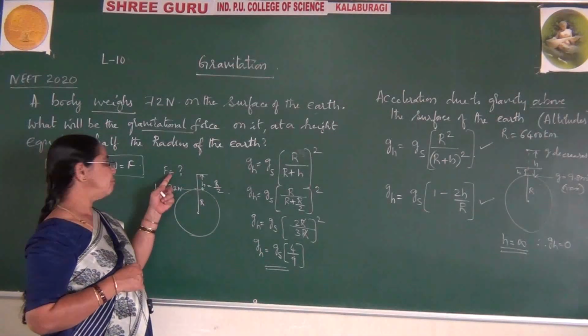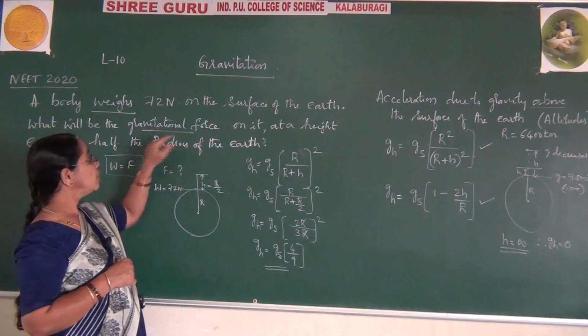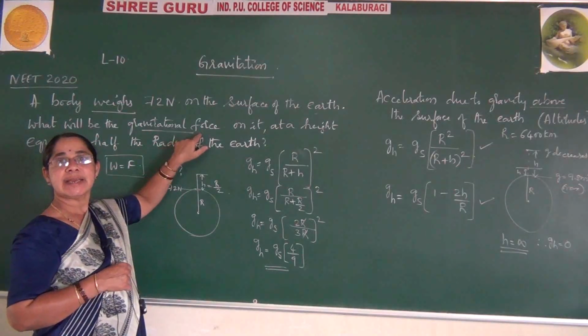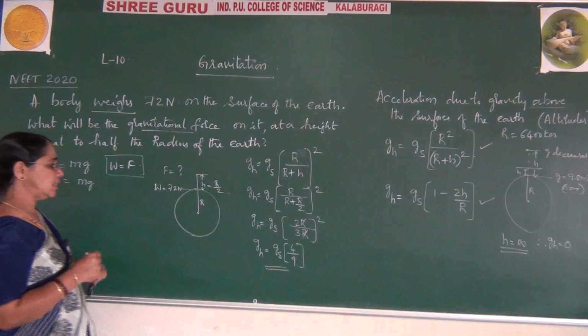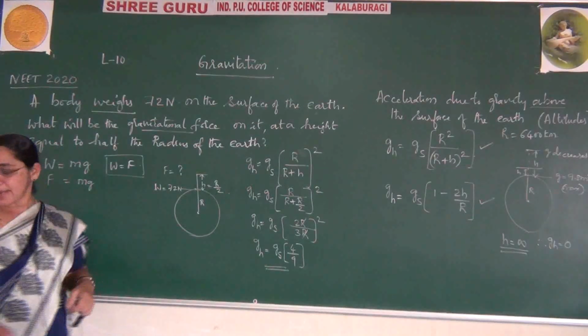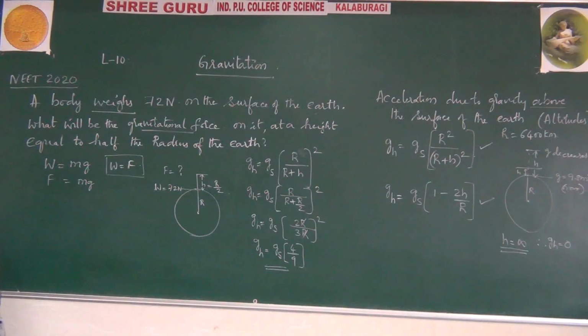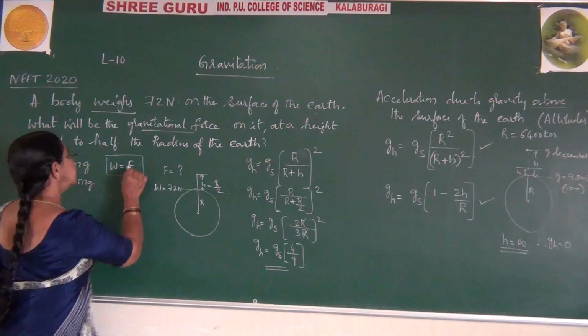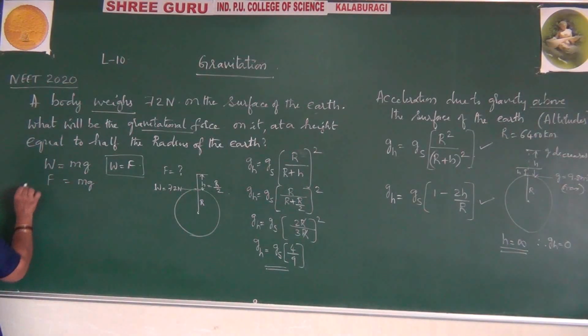Now let us calculate the force at this position. What will be the gravitational force they are asking here? So when I write this condition, for your convenience let me take F dash, F is equal to W dash, and this W itself.